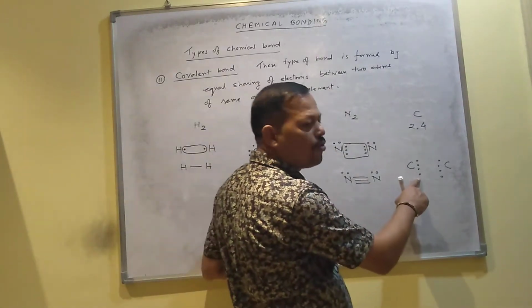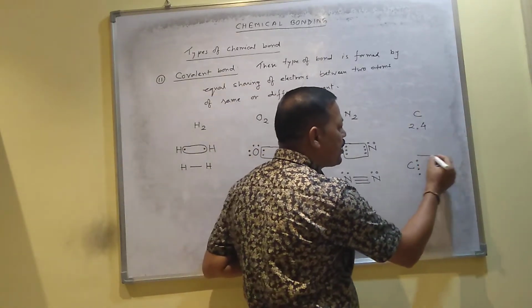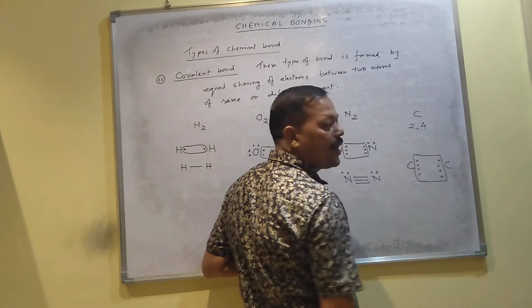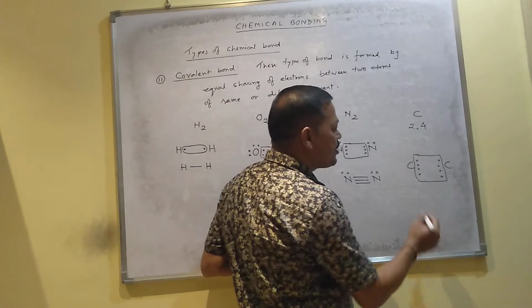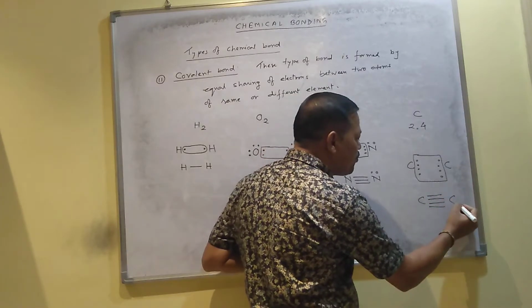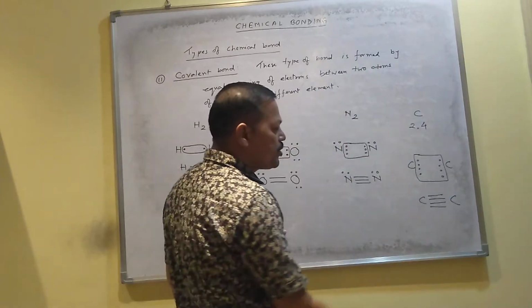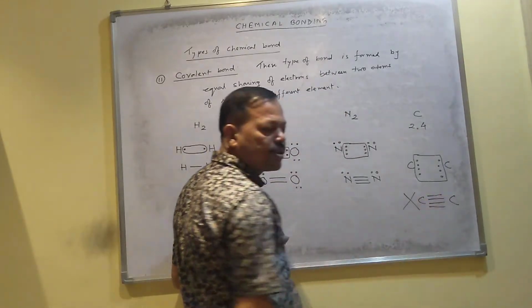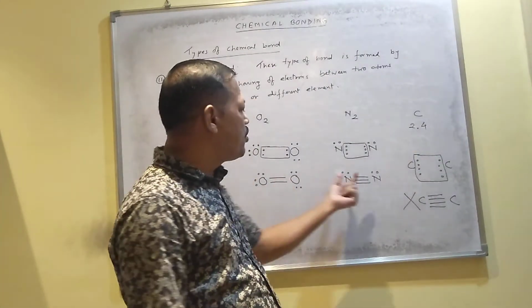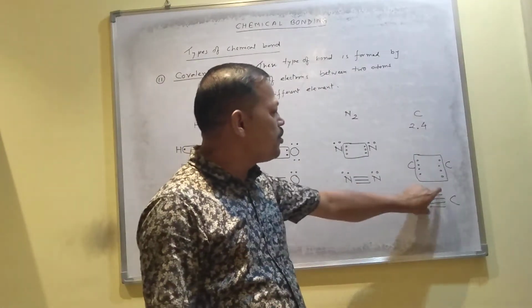Due to the presence of 4, it requires another 4. That's why this type of sharing will take place, so that both atoms will gain 8 electrons. After formation of bonds, you should get 4 bonds in this way, but you never get this type of 4 bonds. Can you tell me the answer why single, double, triple is possible, why 4 bonds are not possible?